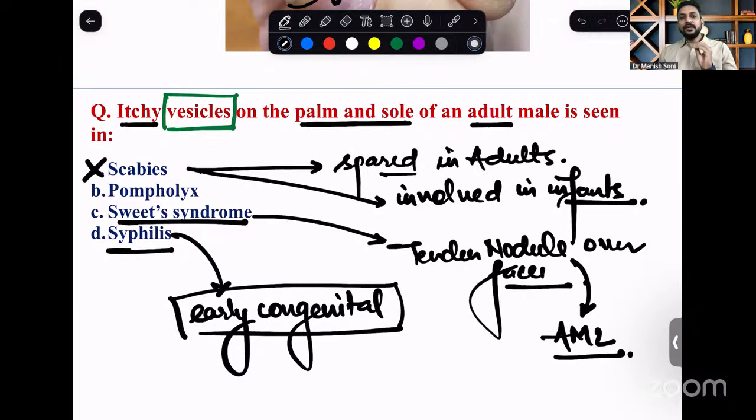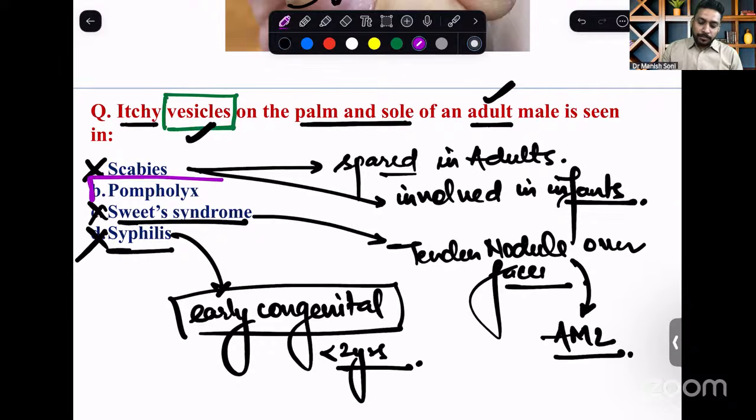So only in very young children less than 2 years of age who are suffering from early congenital type of syphilis, you can find vesicles, but here vesicles are present and the patient is adult. So this is not syphilis. So now you know that you have excluded all the three options. You are only left with one option, and that is Pompholex.